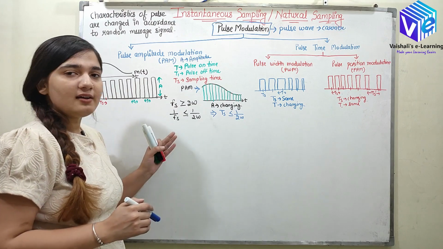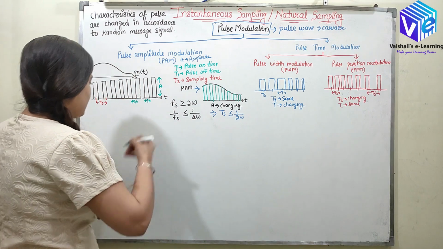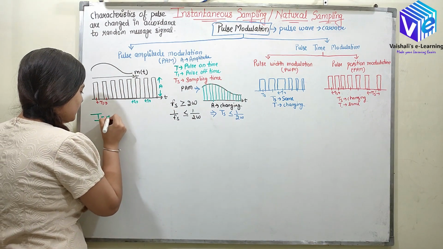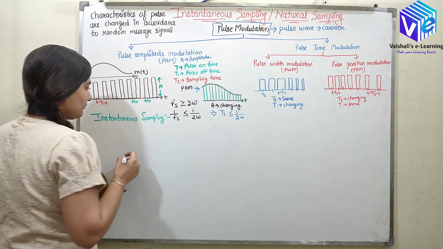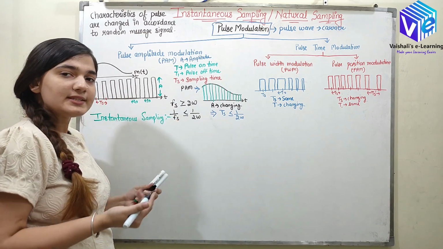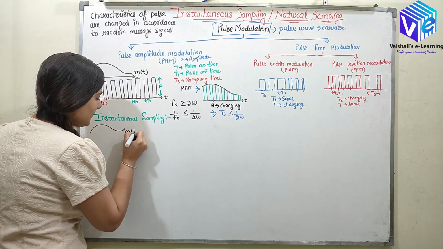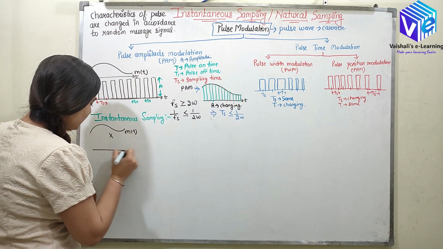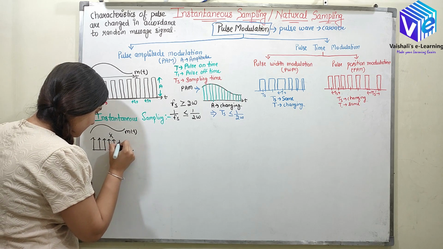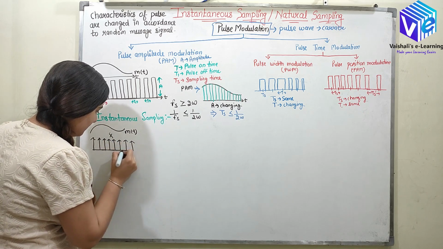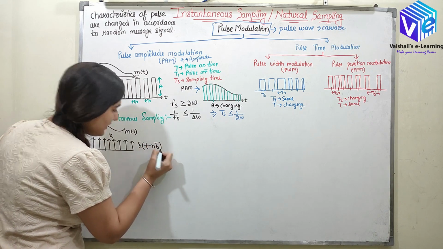So now coming to the topics, instantaneous sampling and natural sampling. First I'll be talking about the instantaneous sampling. Instantaneous sampling is a process of sampling where the message signal is multiplied with the impulse train, denoted by delta of t minus nTs.